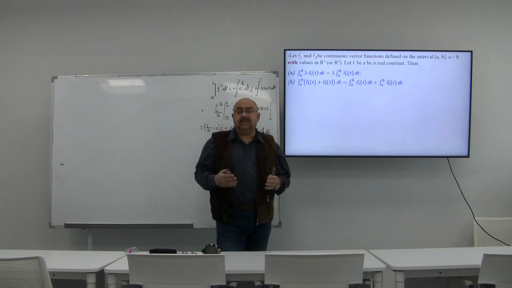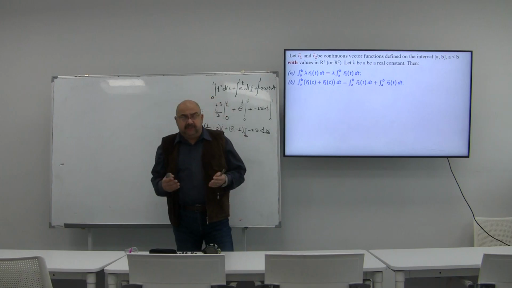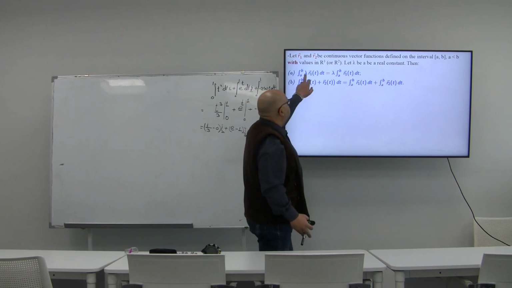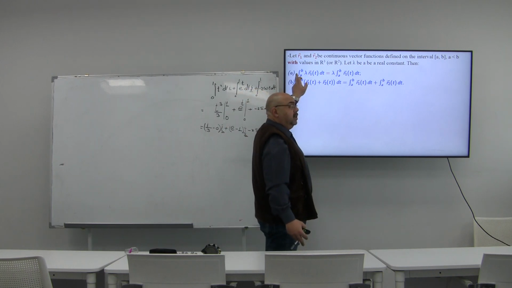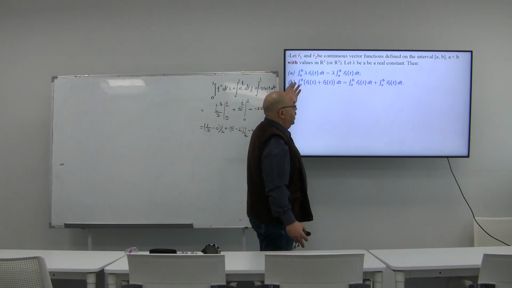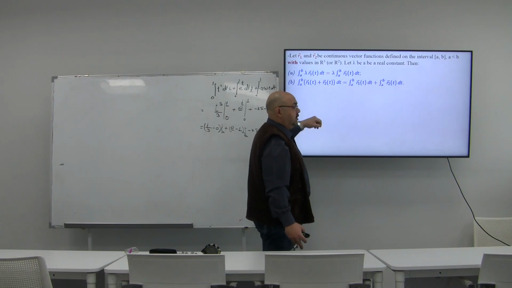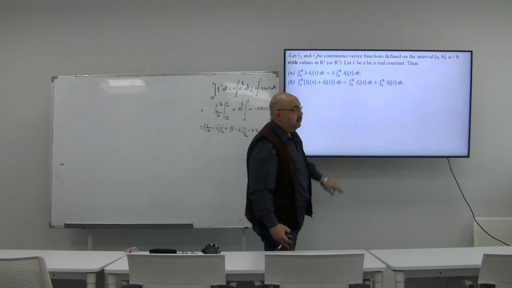Also, the general properties of definite integration will follow, because you are doing just a definite integration. So if you are integrating and you have a constant, the constant can be taken outside the integral. If you have r1 and r2, all you have to do is get the derivative of the first one, plus or minus the derivative of the second one.